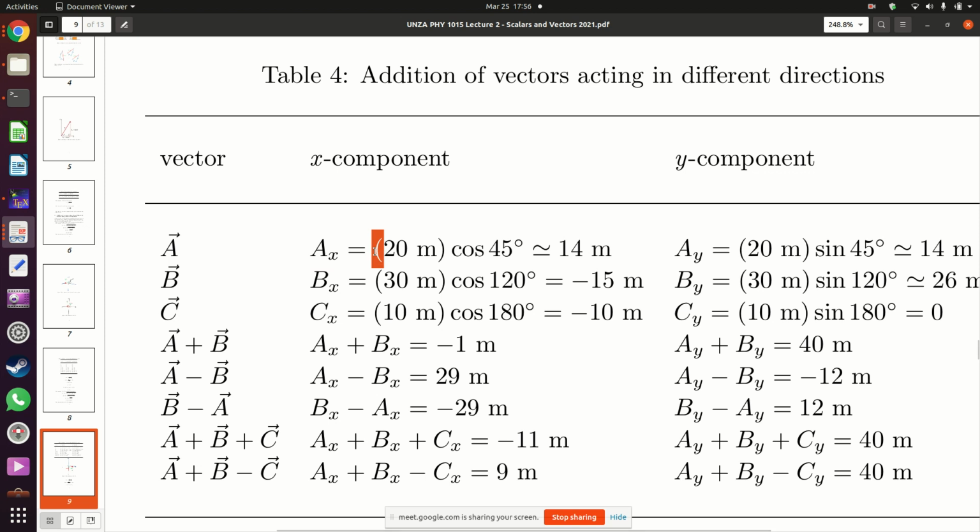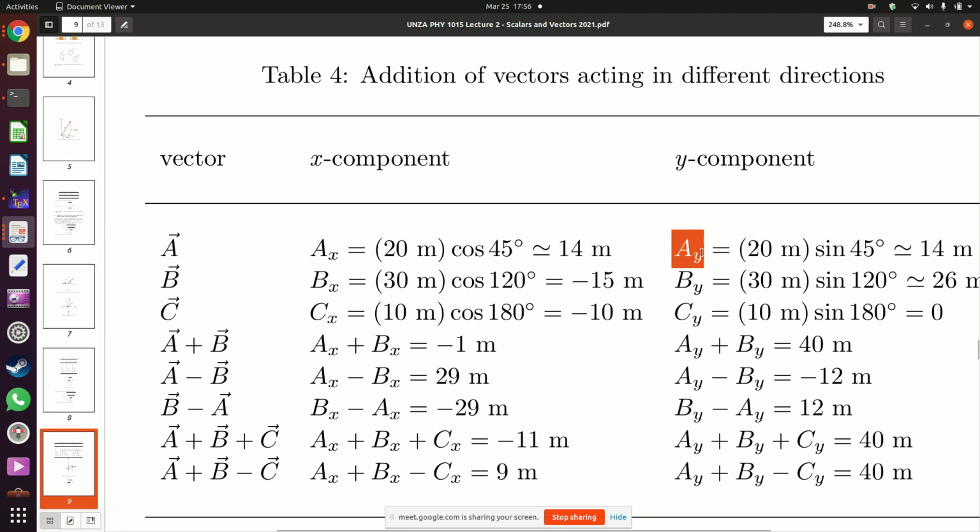A is the size of the vector, so A has got a size of 20 meters multiplied by the cosine of the angle. The angle is 45 degrees. So 20 meters multiplied by cosine of 45 degrees gives you approximately 14 meters. So the vector A along the x-axis has a size of 14 meters.